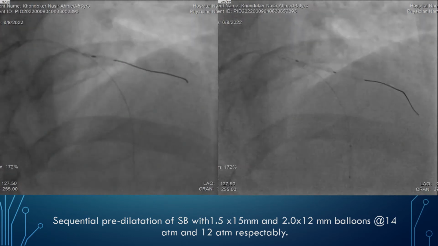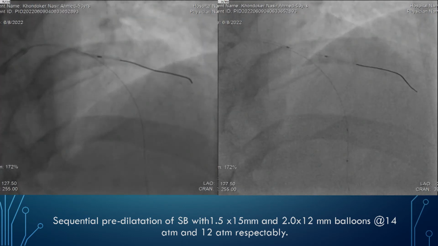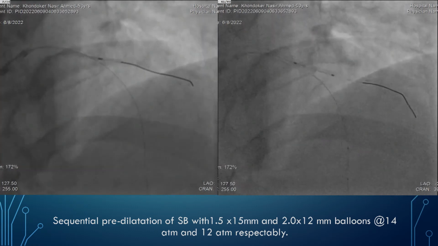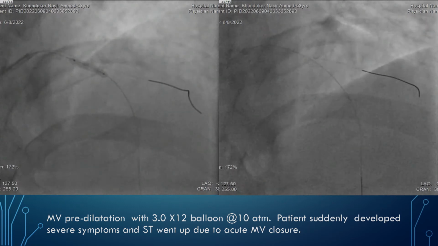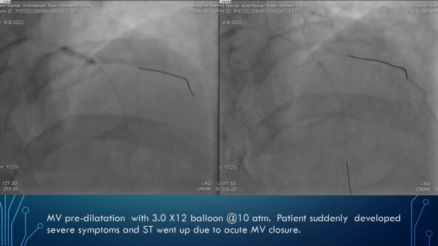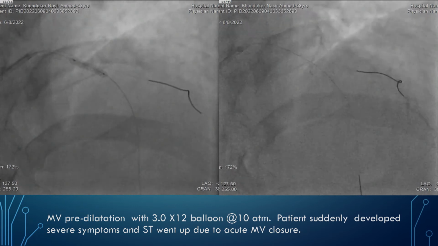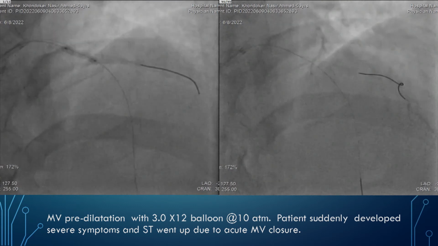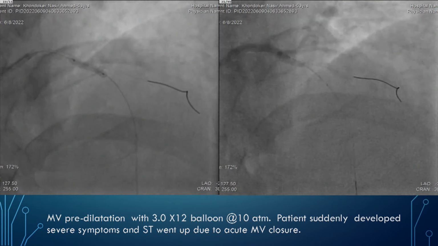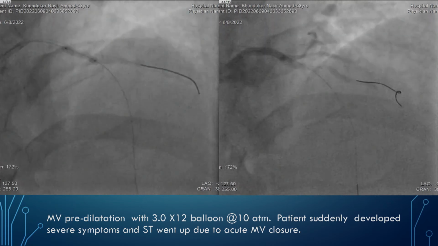Then I went for sequential predilatations of the side branch with 1.5 and 2 balloons at different atmospheric pressure. And then the main branch was predilated with a 3 by 12 balloon, 1:1 predilatation with 10 ATM, but the patient suddenly developed severe symptoms and ST went up, due to acute main vessel closure.